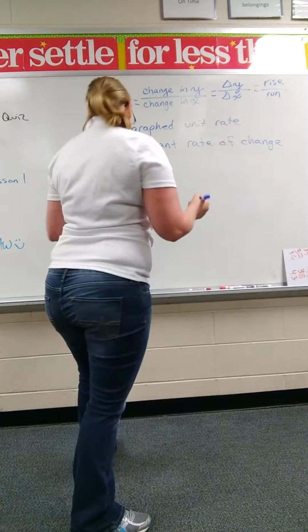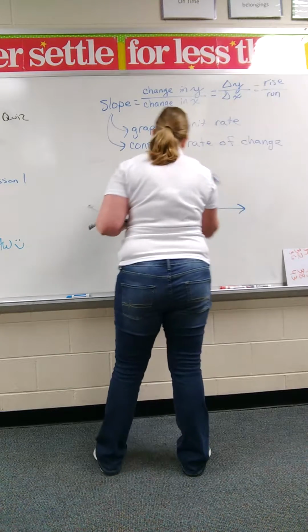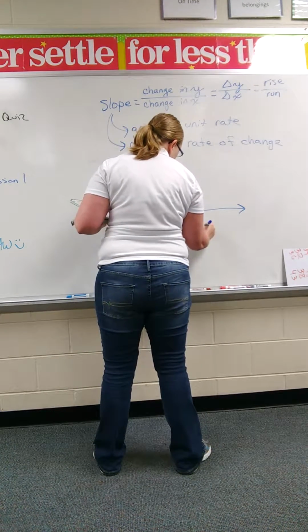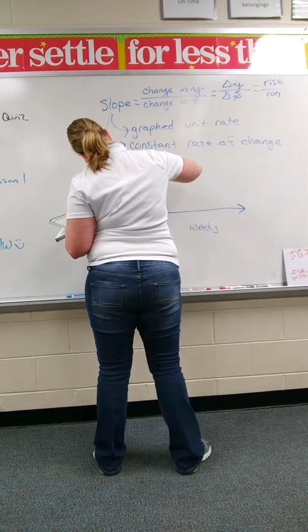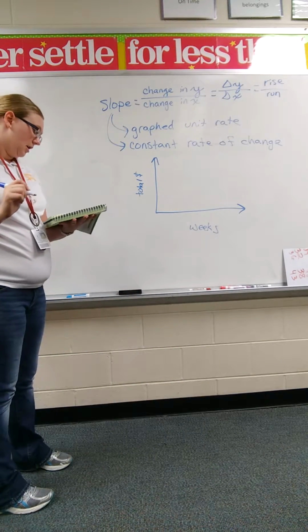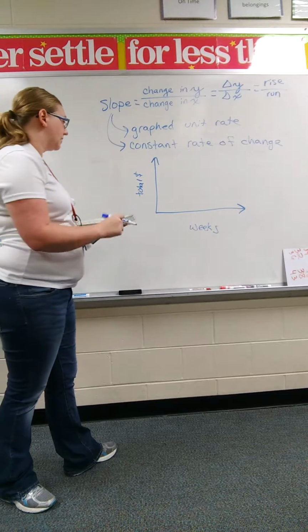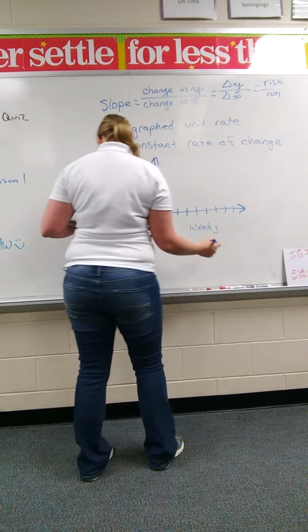Okay, so we need a graph that has the number of weeks, and we have the total amount. Okay? So, the graph that's given to us has our weeks counted in twos.